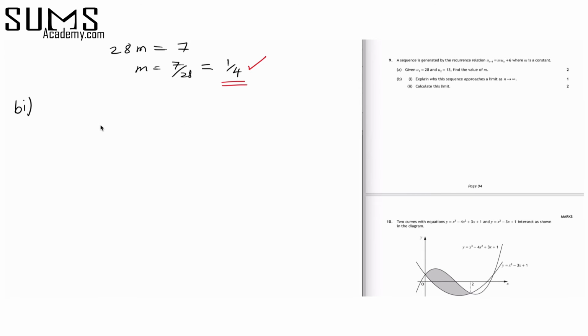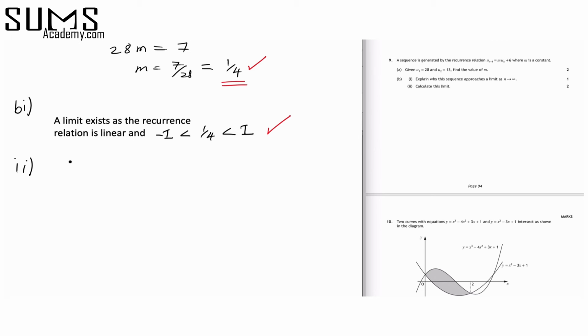So they're looking for a statement something like this: a limit exists as the recurrence relation is linear, and they'll want you to write this statement here: 1 over 4 is between -1 and 1. And you just get your mark for writing that statement.